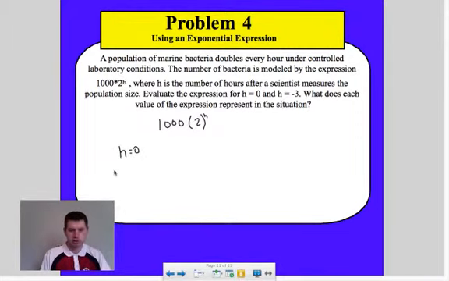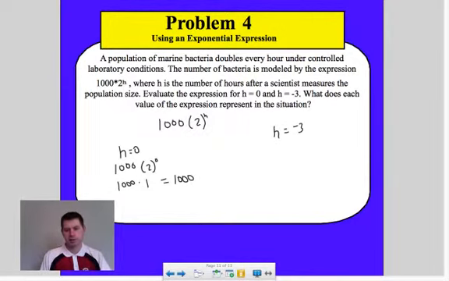So we're going to first do 1000 times 2 raised to the 0. Now again, 2 is being raised to 0, so that makes it 1. So we have 1 times 1000. That gives us just 1000. Okay, we're going to do the same thing except when h is negative 3. So I'm going to take 1000 times the 2 raised to negative 3, that's what I meant.